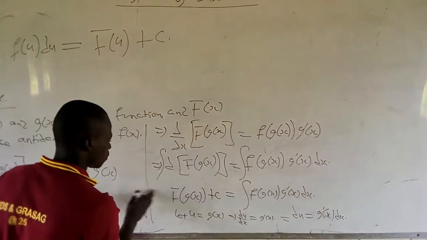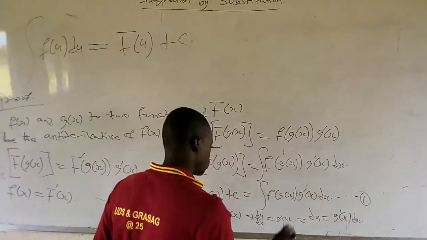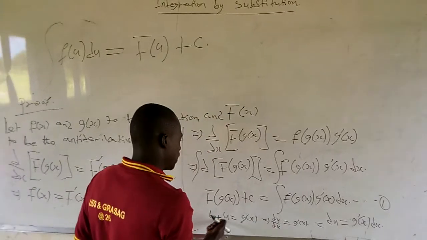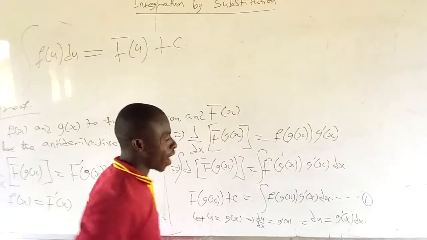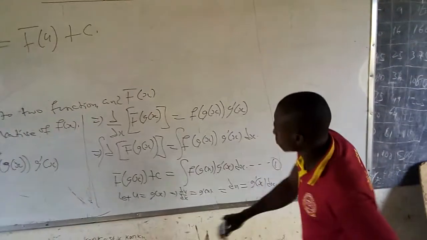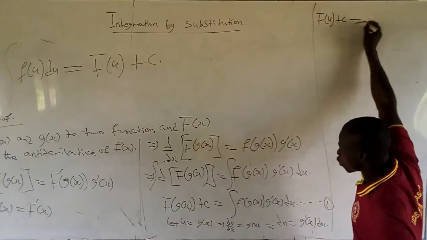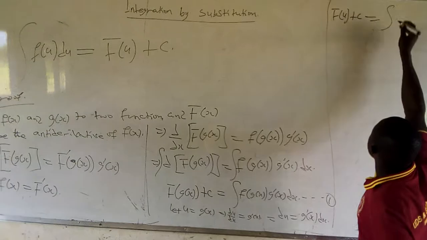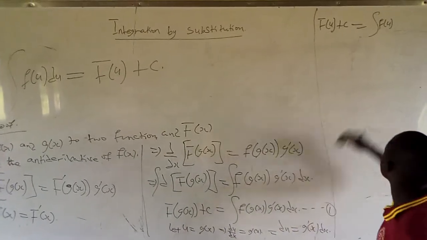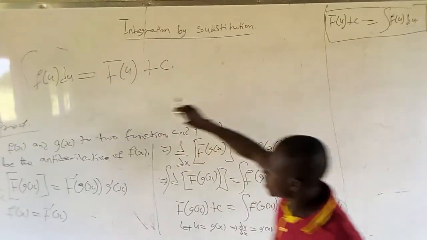So if I have this as equation 1, putting u equals g of x and du equals g prime of x dx into equation 1, then we are going to have F of u plus c equals the integral of f of u du, and that is the integration by substitution formula as shown here.